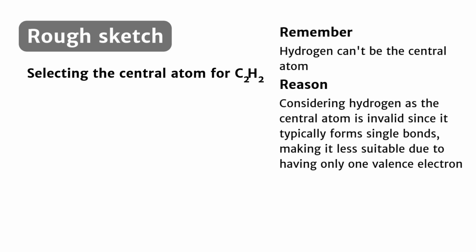Since hydrogen generally forms single bonds due to its single valence electron, it is unsuitable for this role. Therefore, in C2H2, either carbon can serve as the central atom. Here, we choose the left carbon as the central atom and sketch C2H2 with 2 carbon atoms in the center and 2 hydrogen atoms arranged around them.